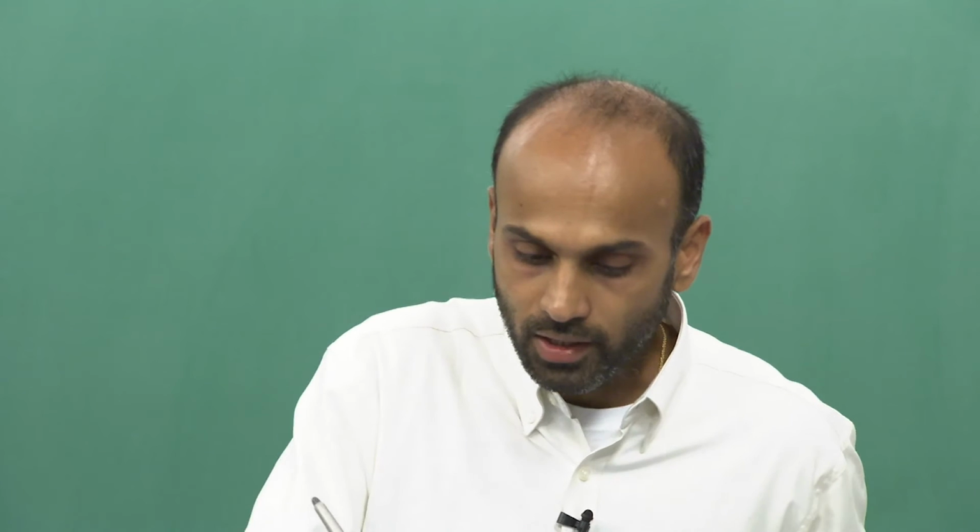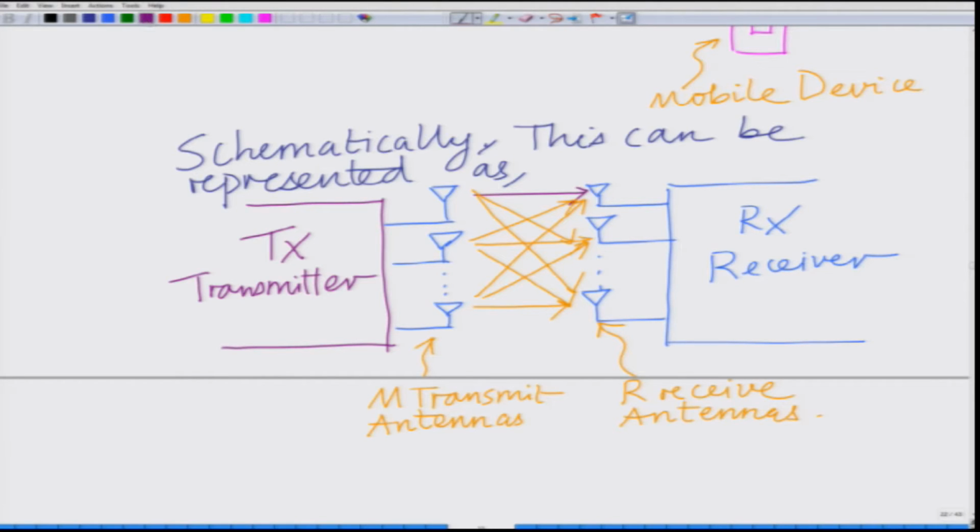Let us consider the symbols transmitted on these m transmit antennas to be x1k, x2k, and so on up to xmk, and the received symbols are y1k, y2k, up to yrk.